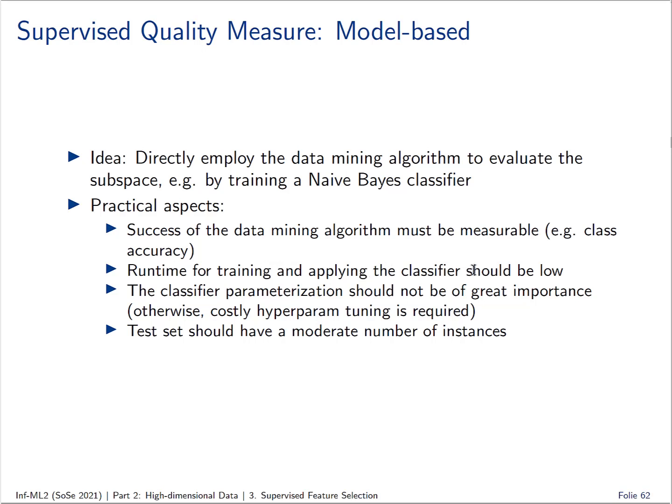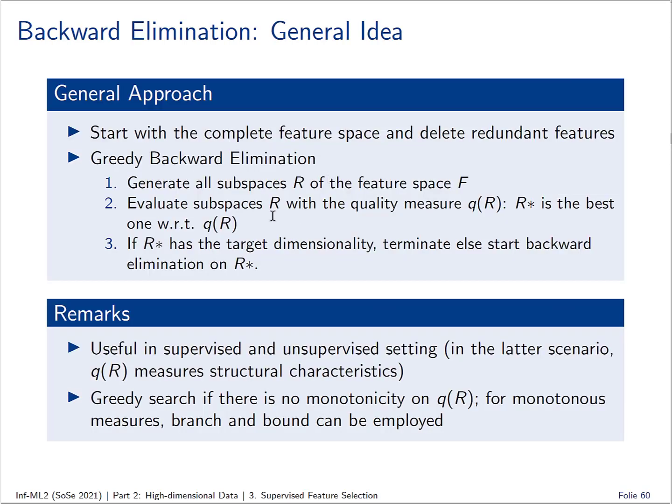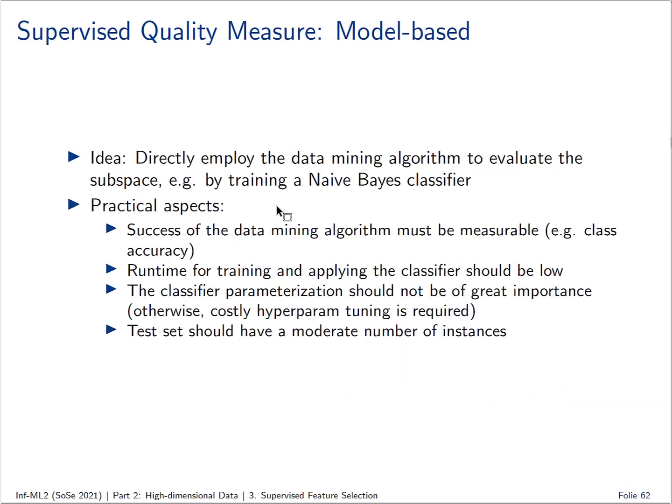Otherwise, it takes a lot of time if you go through all of these greedy backward elimination steps, and for all these subspace candidates, and there are quite a lot, you need to train the model and then apply the model in order to measure the success of this model in the particular subspace.